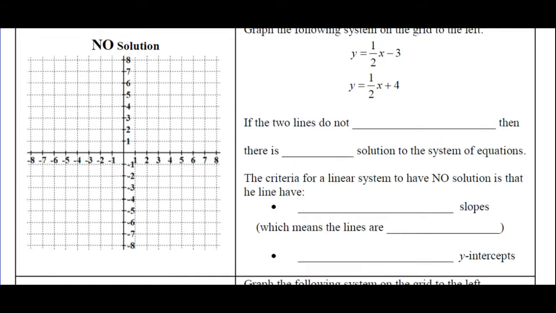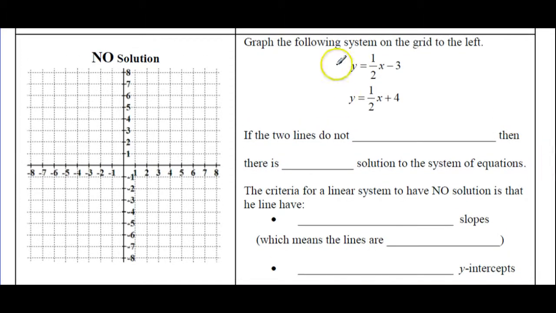So no solution. Graph the following system on the grid to the left. y equals 1/2 x minus 3. Slope 1/2: go up 1, right 2, up 1, right 2, and down and over the other way. And here's the line. There's the line.